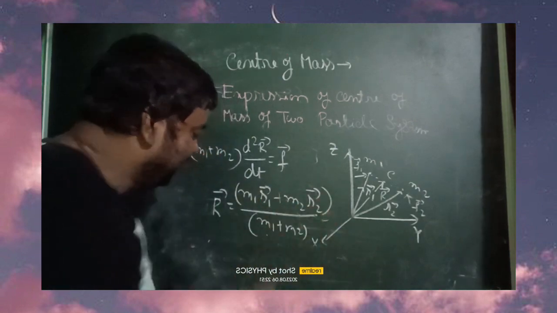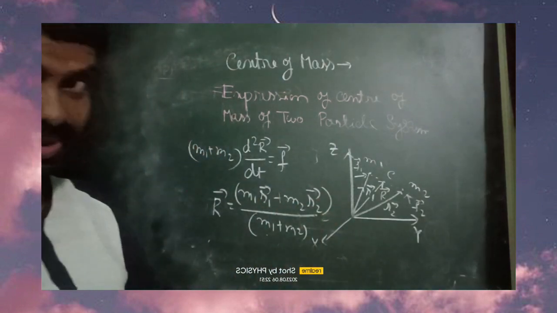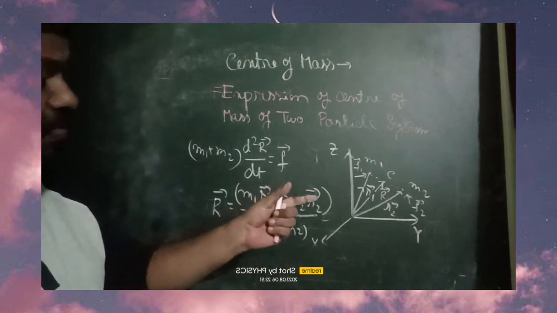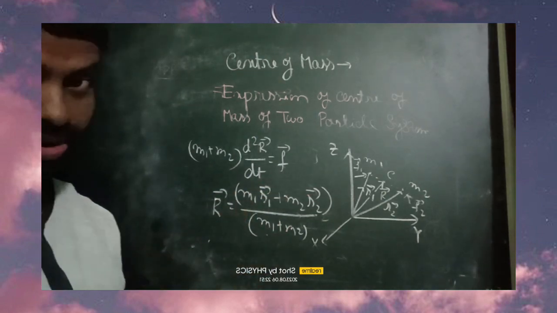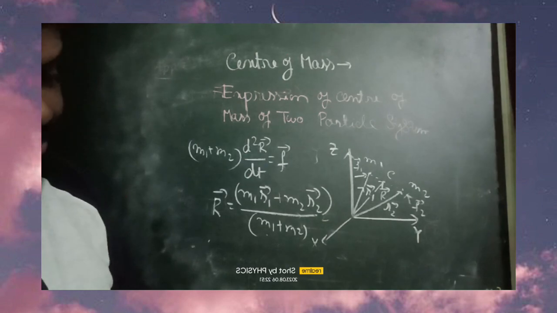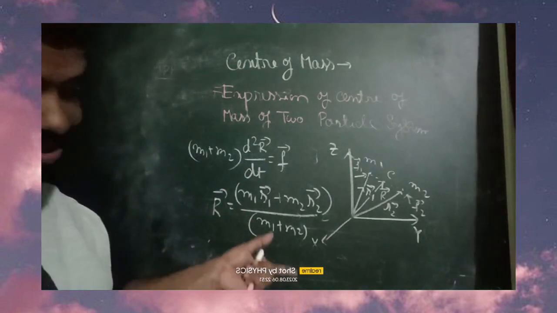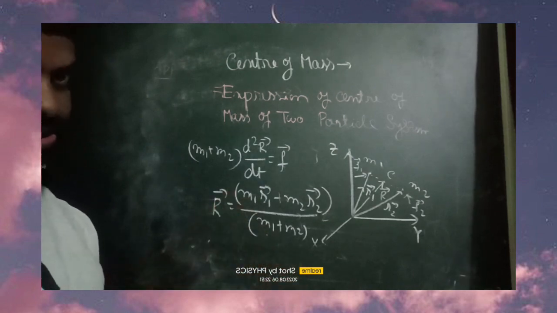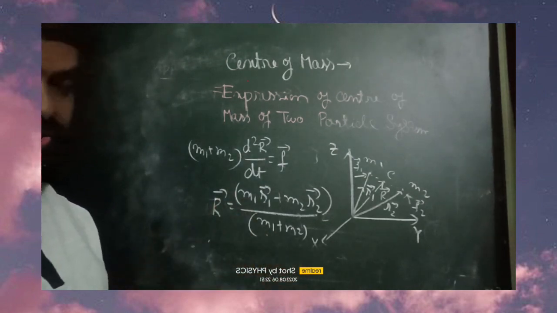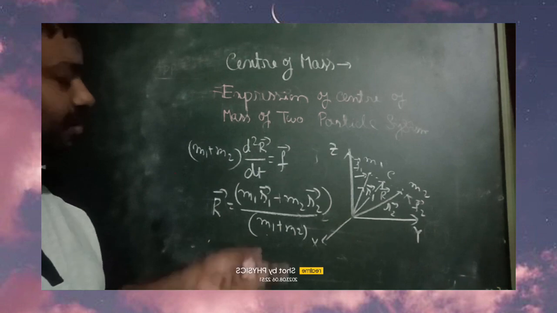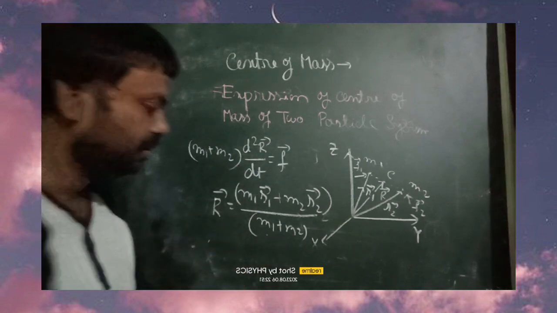That is the equation of the position of the center of mass. From that we can move to the velocity of the center of mass, acceleration of the center of mass, etc. Now before that, we take a numerical to better understand the concept.